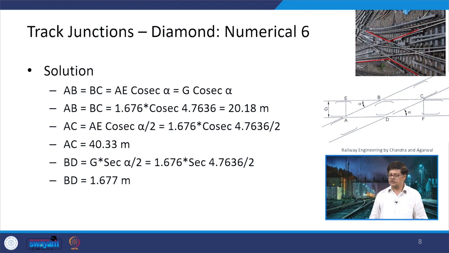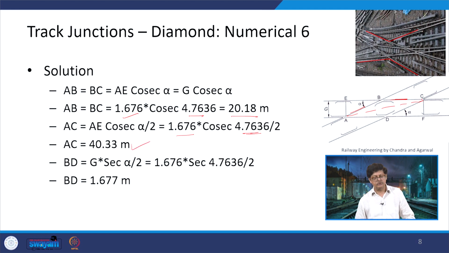Then AB equals BC equals G cosec alpha. G is 1.676, alpha we have calculated, and it comes out to 20.18. Then the diagonal AC is G cosec alpha by 2. So, with 1.676 and cosec alpha by 2, we get AC as 40.33.